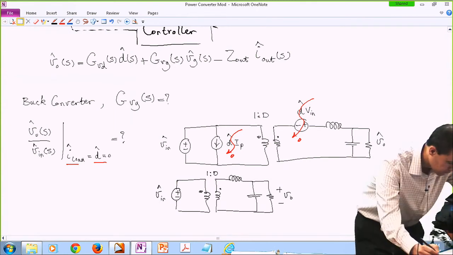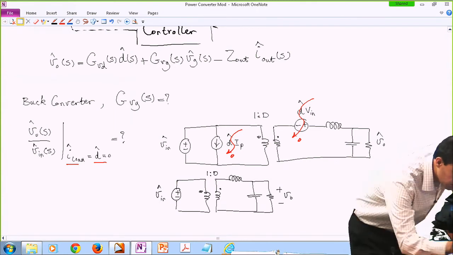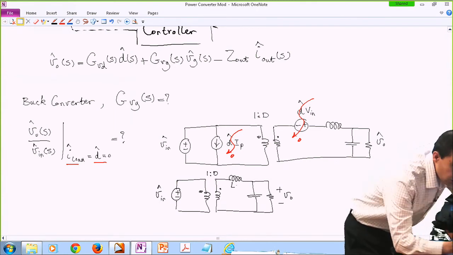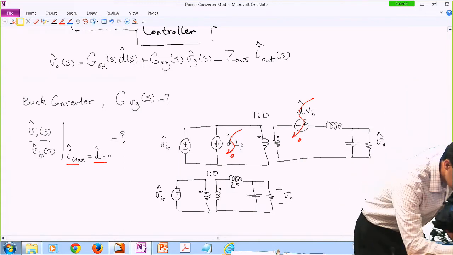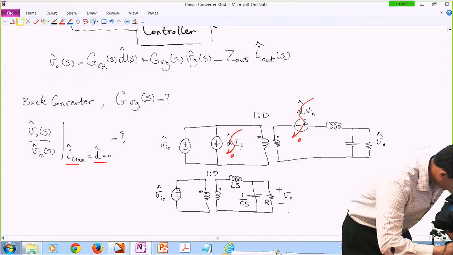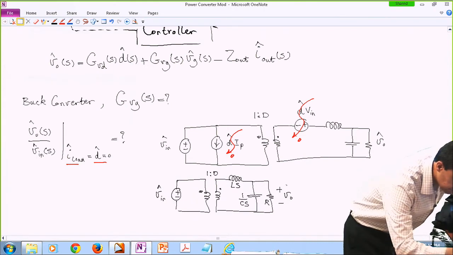All right. So going back to circuits 1, remember this is all in the S domain, Laplace transformation. This impedance is Ls. This is 1 over Cs. This is R. So you can easily say this would be, it's like an impedance divider.